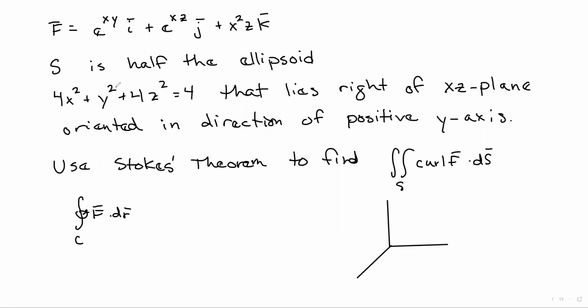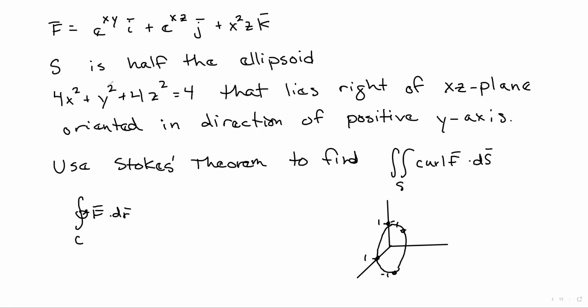If we make y and z equal to 0, we get the x-axis, and 4x squared equals 4, which is x equals plus or minus 1. So we've got 1 and negative 1, and those are on the object. If you do the same thing with z, you get 1 and negative 1. So we've got a circle on the xz plane.